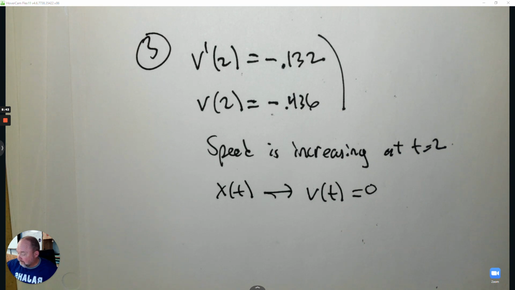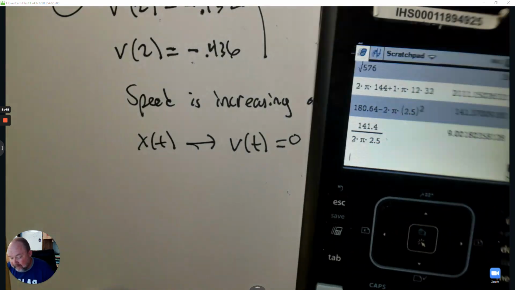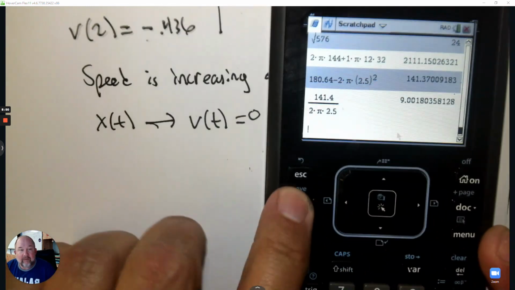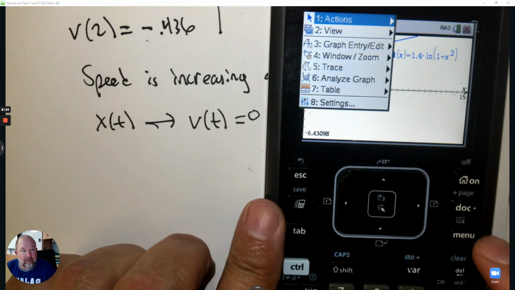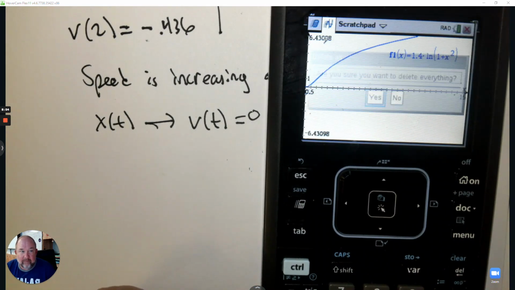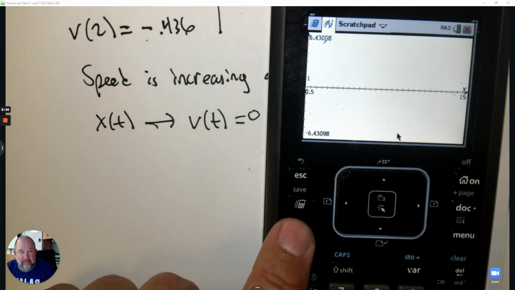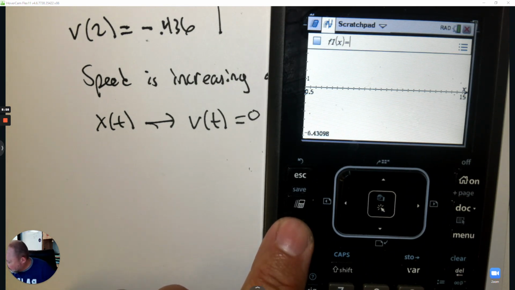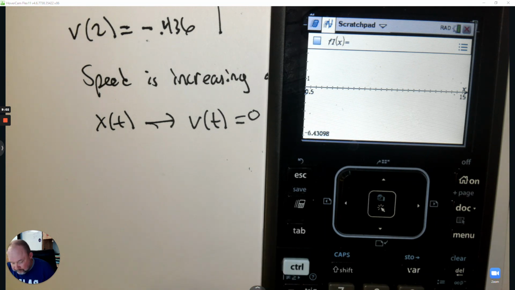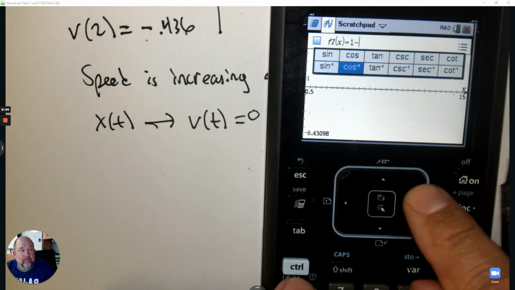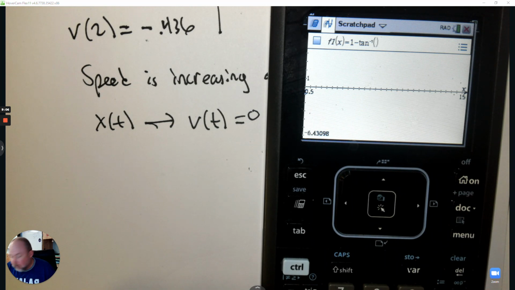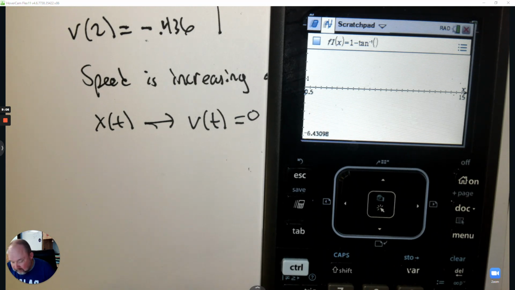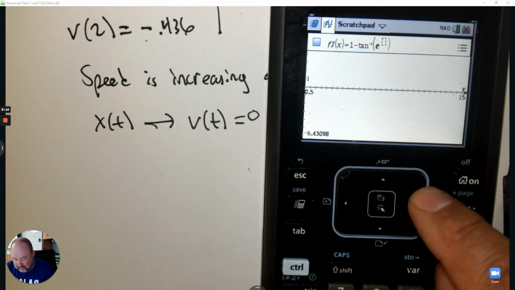Let me show you. When it's trigonometry, it's usually better to graph to solve that. So if I graphed it, and if I have something here, go menu, actions, and then clear it, and then press tab. So for this one, what do we have? So 1 minus inverse e to the t, well, it's going to be x for this one.